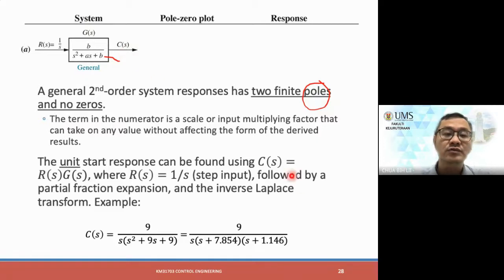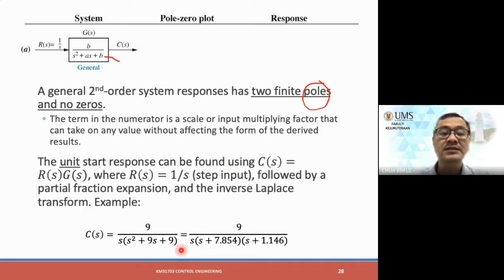Usually we would test it with a step input. To characterize any control system at the beginning, we will usually use a step input. So if the step input is applied, the input would be 1 over S, followed by partial fraction expansion and so on. Eventually we would get something like this.